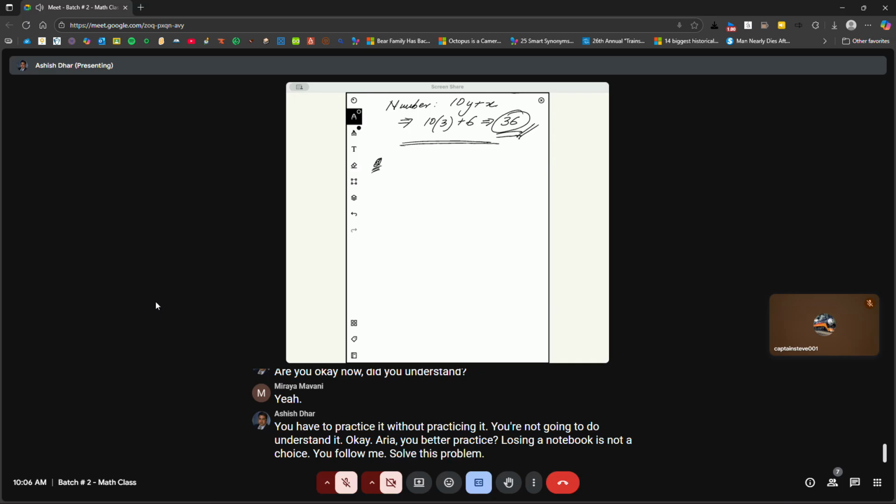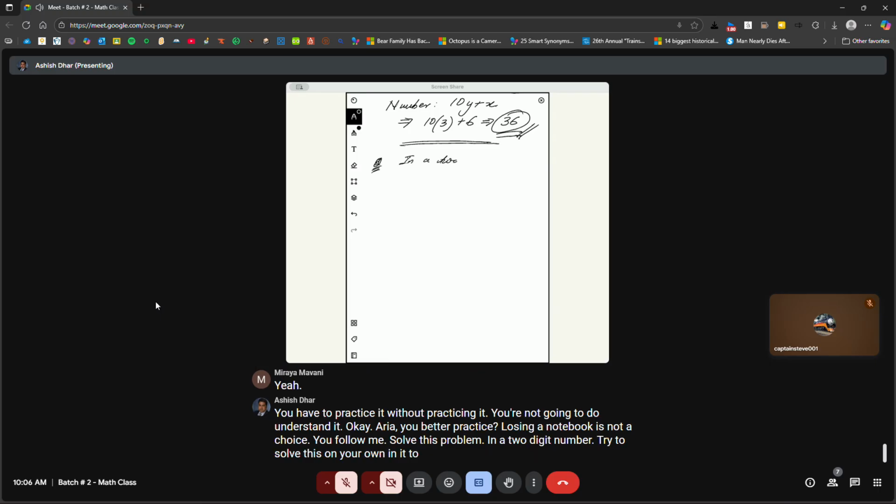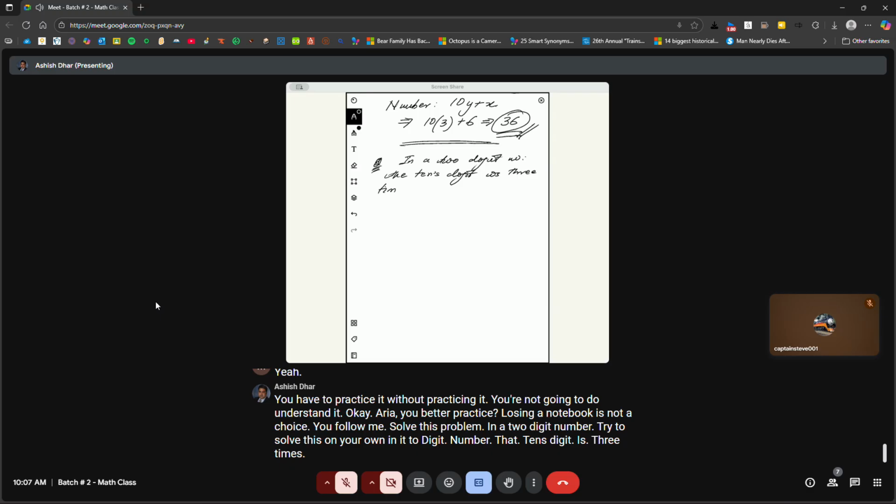Solve this problem. Try to solve this on your own. In a two-digit number, the tens digit is 3 times the units digit. So it's the other way around.